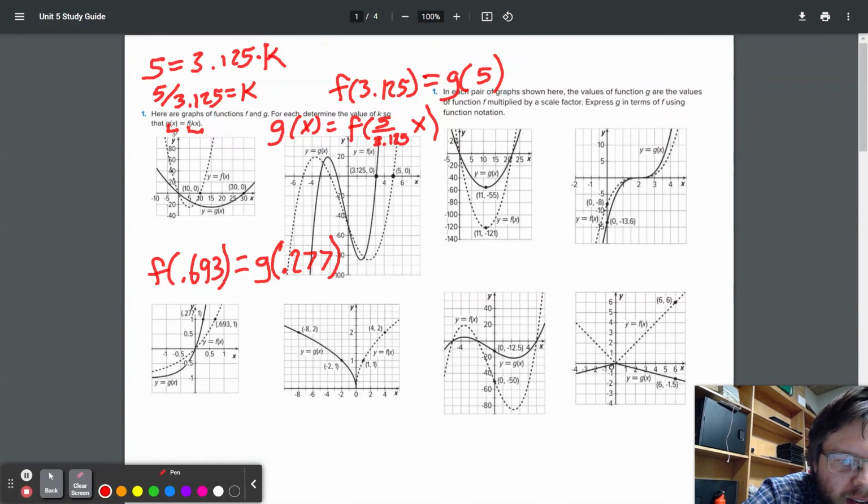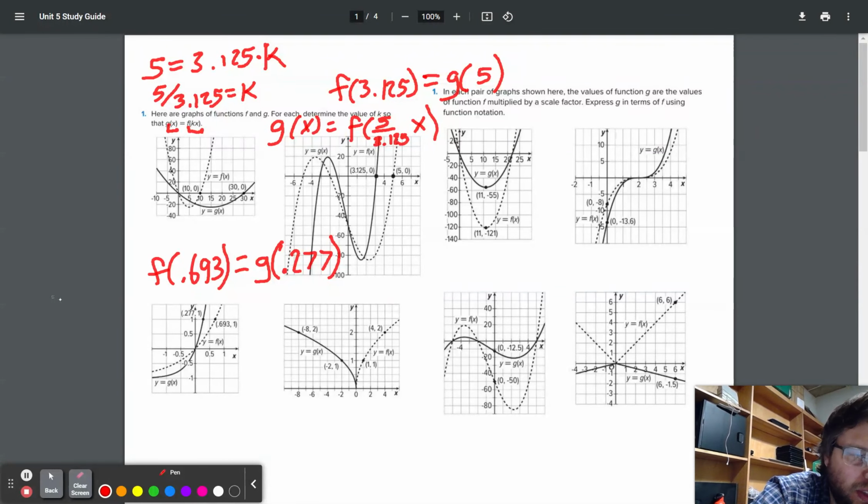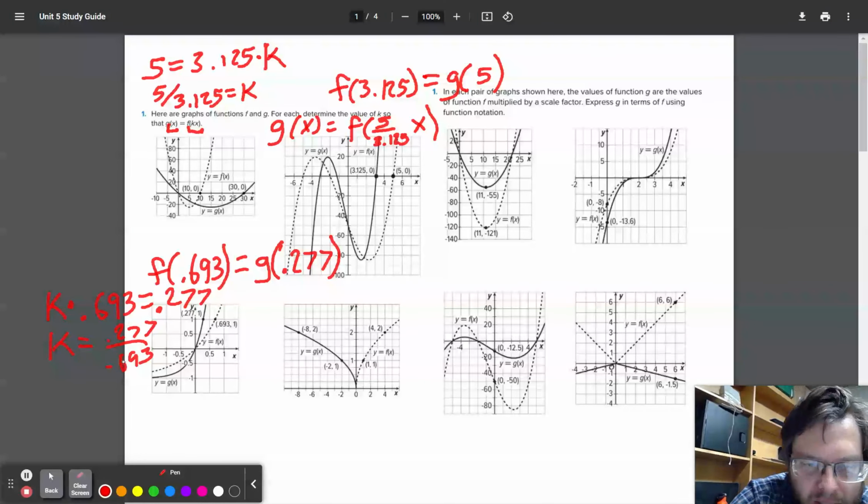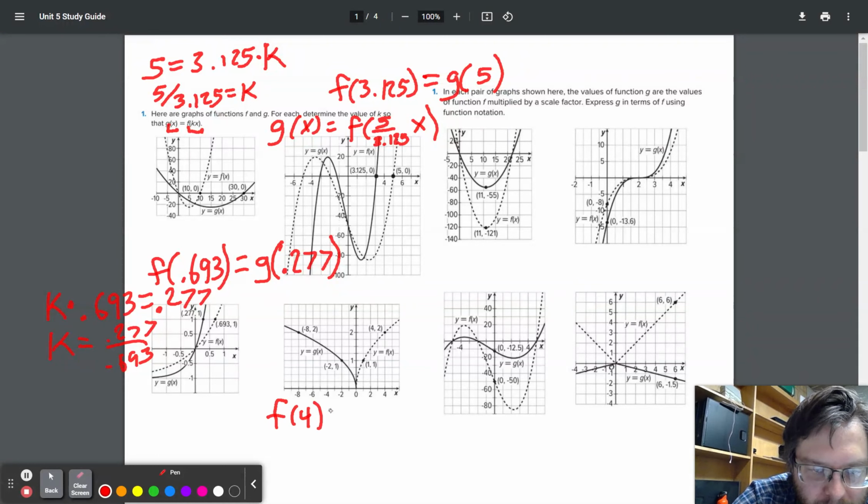I want g of x to equal f of k times x. So I want to figure out k times 0.693 equals 0.277, and so k equals 0.277 divided by 0.693.